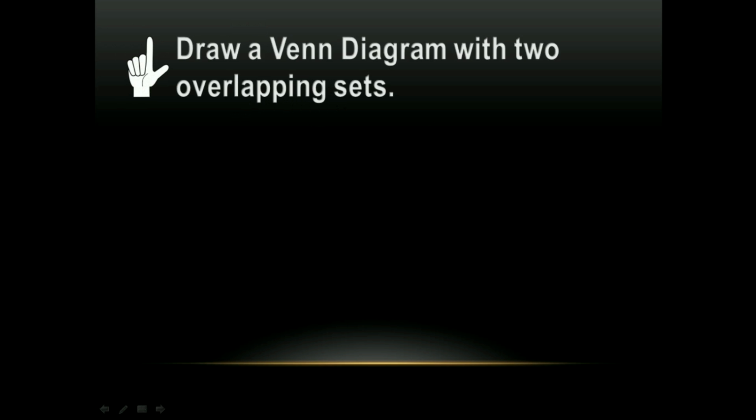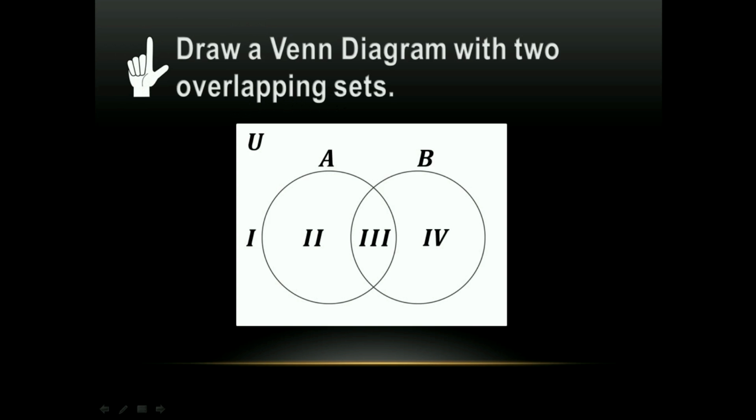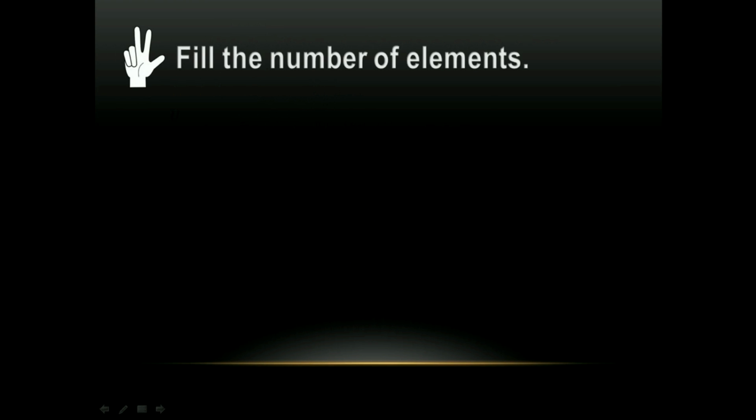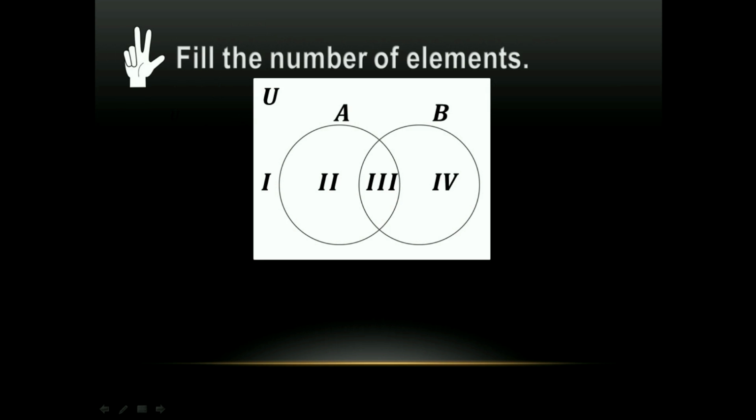Proceed to step 2. Our step 2 is to draw a Venn diagram with 2 overlapping sets. We will just use the figure earlier. And proceed to step 3, or the last step, which is to fill the number of elements. In this figure, the first thing to do is to substitute the universal set.